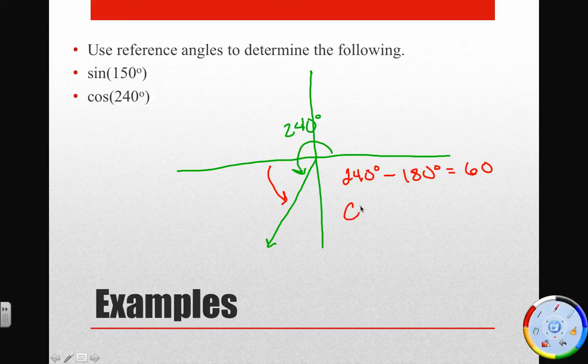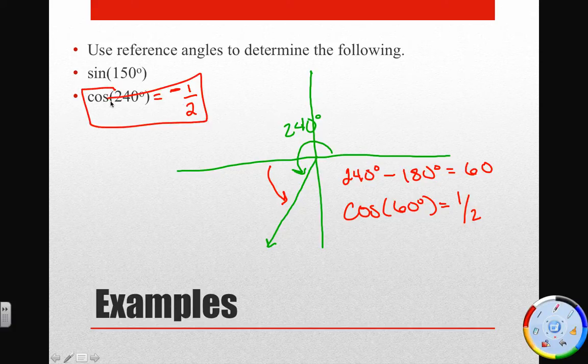So it's like finding the cosine of 60 degrees. So what's the cosine of 60? Oh, I used another number where we get 1/2. Well, cosine of 60 is 1/2. That means the cosine of 240 is also 1/2. But it's not, kind of. Cosine in quadrant 3 is negative, so my answer is negative, and now we have the right answer. So the cosine of 240 degrees is negative 1/2.